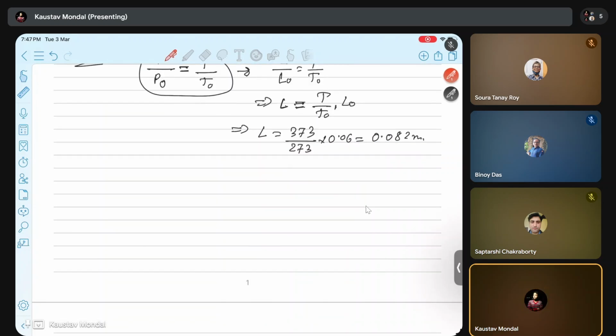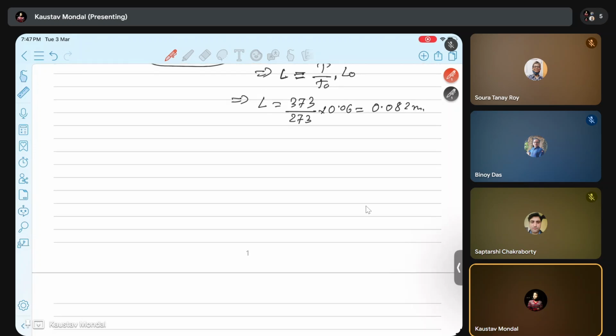Next problem is: a constant volume hydrogen thermometer is used to measure the temperature of a furnace.